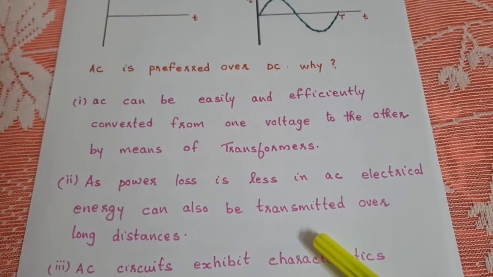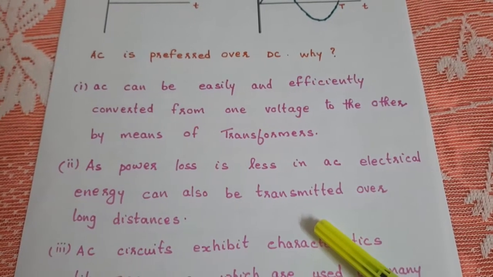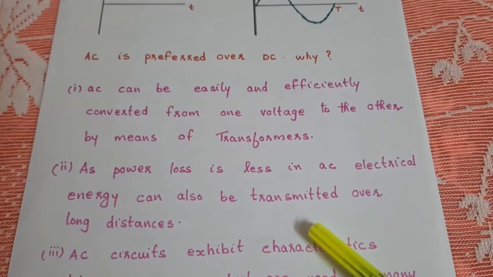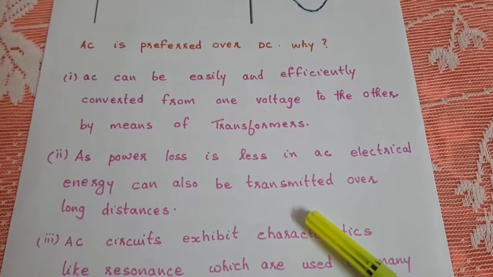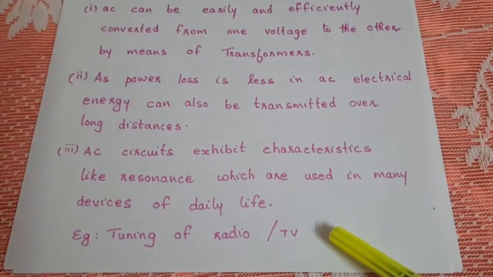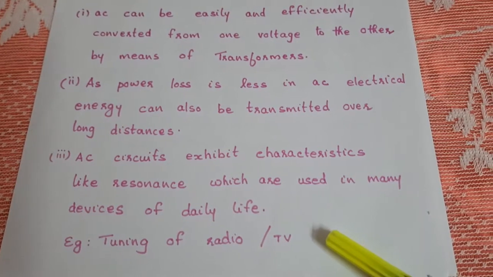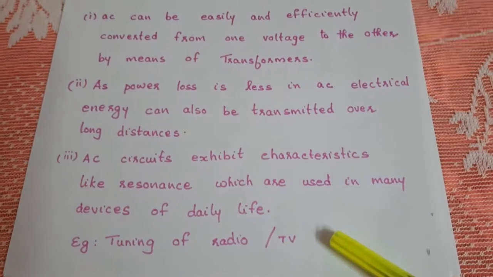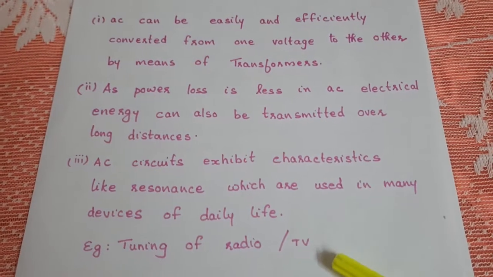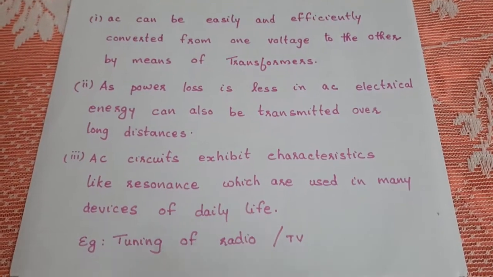Power loss is less in the case of AC. So electrical energy can be transmitted over long distances without much energy loss. Another reason is AC circuits exhibit characteristics like resonance, which are used in many devices of daily life. For example, tuning of radio or TV.